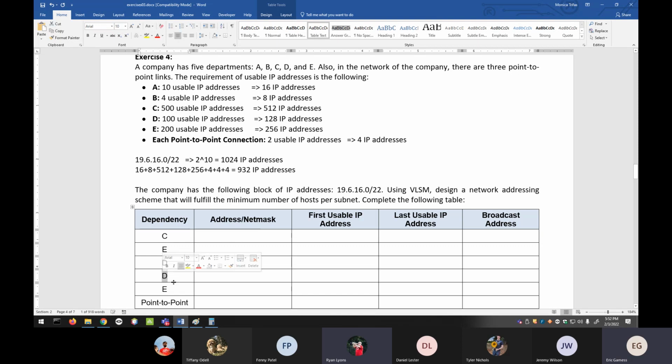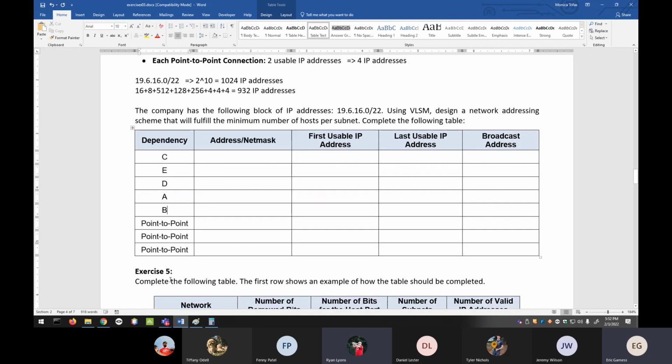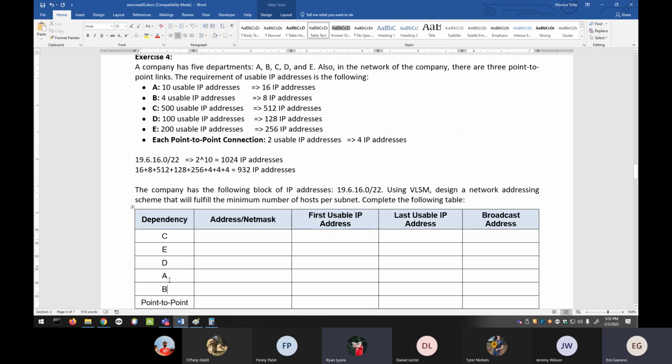A. After doing A, I will go to B. And then each point-to-point network. We have 3 point-to-point. So C starts here and has 512 IP addresses.